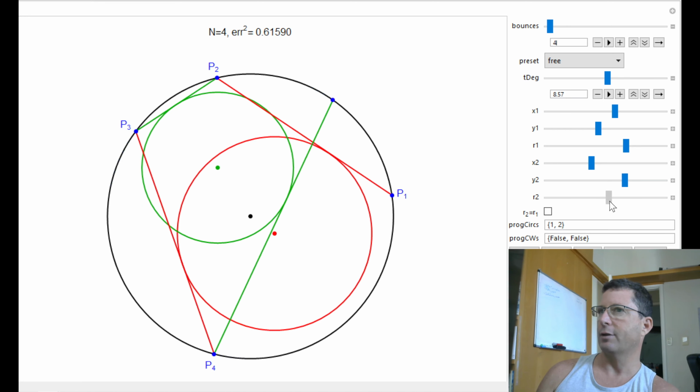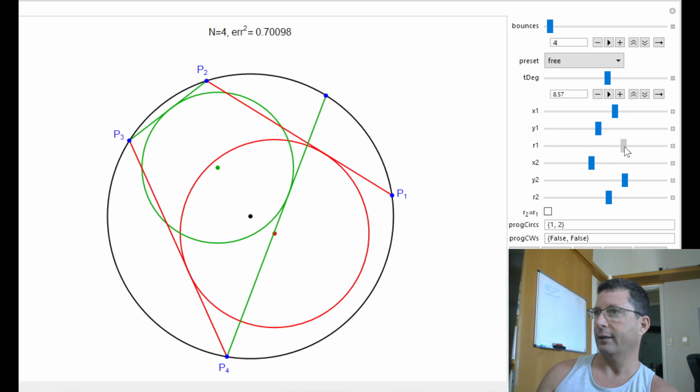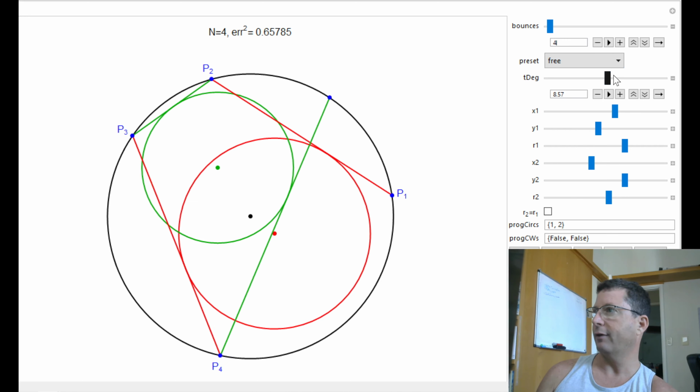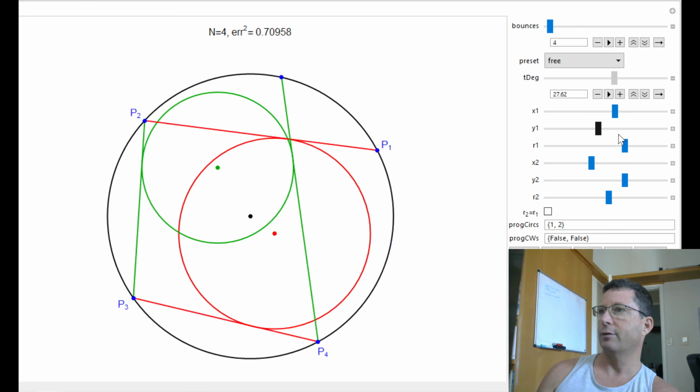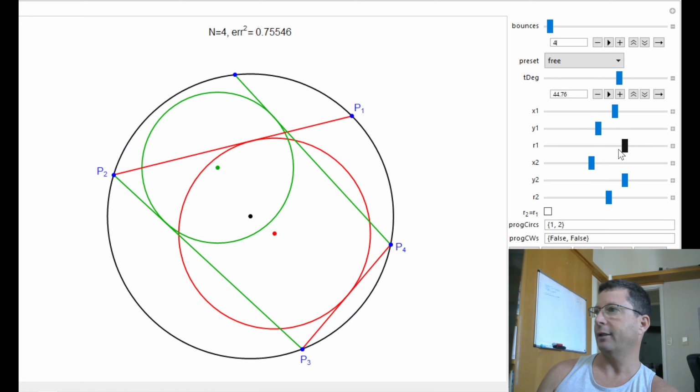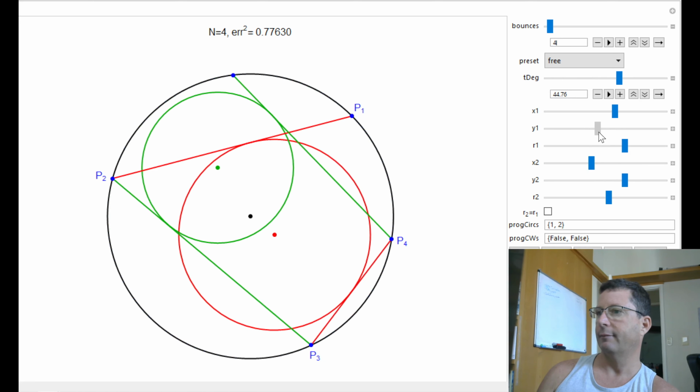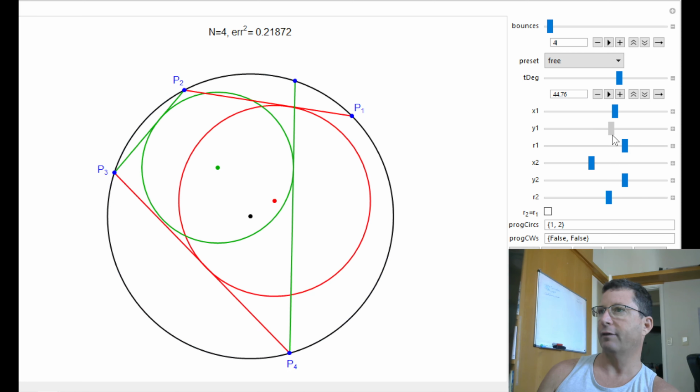And of course I cannot make this radius bigger than the black radius, at least in this implementation. And it looks like I can't, right? If I rotate this whole thing around and try to see if they ever meet, they never meet. So this is truly a sort of unexplored phenomenon.